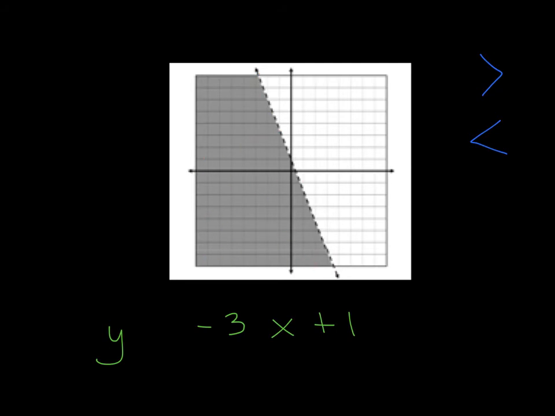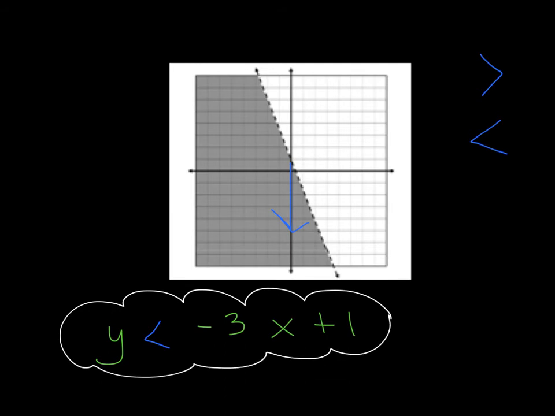So I know this is not going to have an equal to, it's just going to be greater or less. But I'm going to use the same method. I'm going to put my pencil on my y-intercept and I'm going to point where the shading is. This is shaded below the y-intercept. That would be less than. So y is less than -3x plus 1 would represent this inequality.